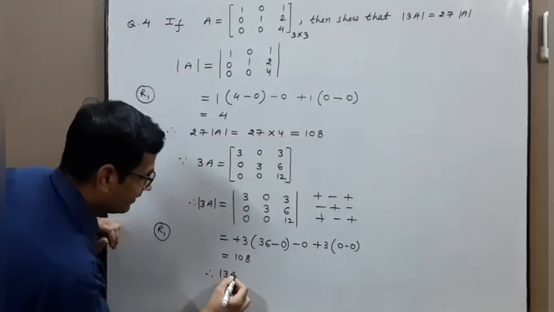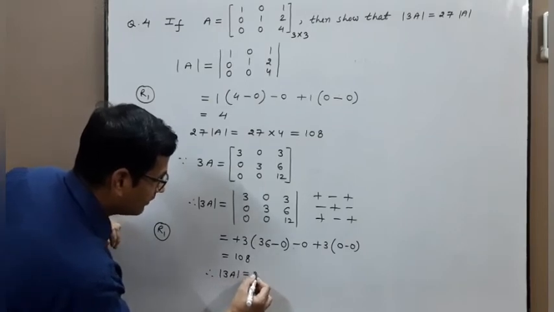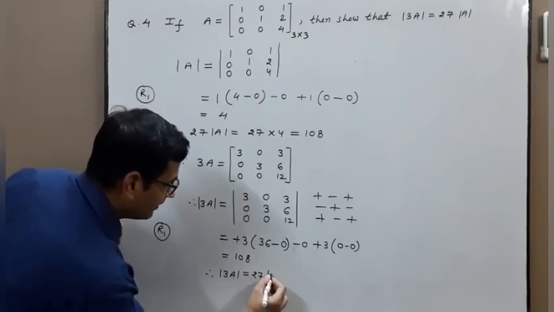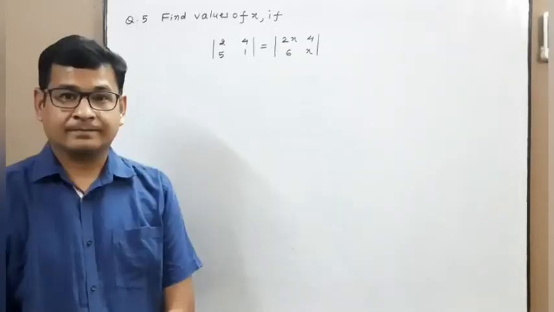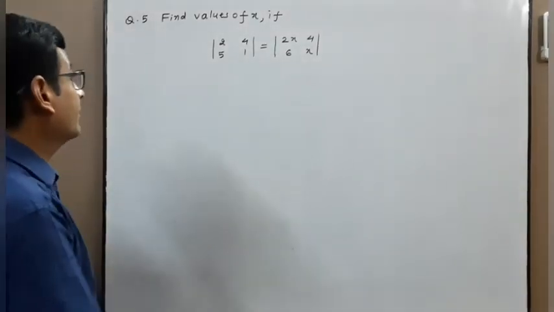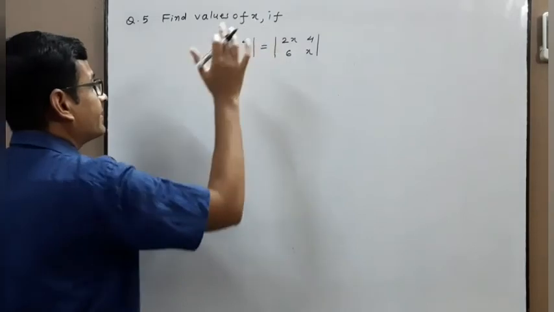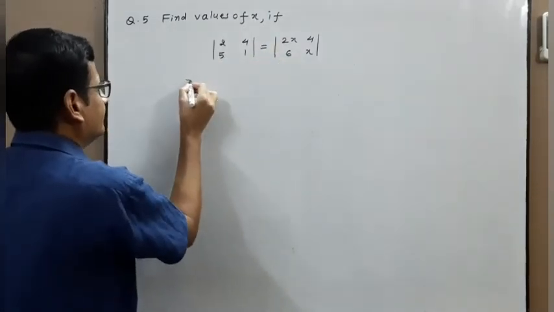Therefore, determinant 3A is equal to 27 into determinant A. Hence, proved.